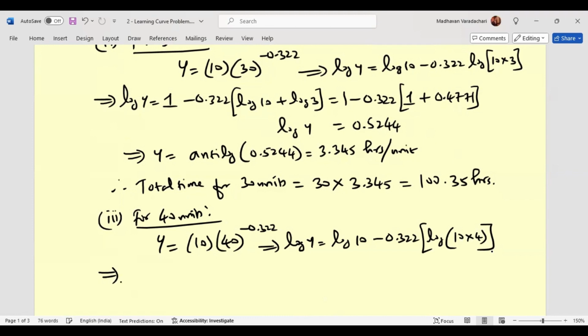So that means log y will be log 10, which is 1, minus 0.322 times log 10 plus log 4.